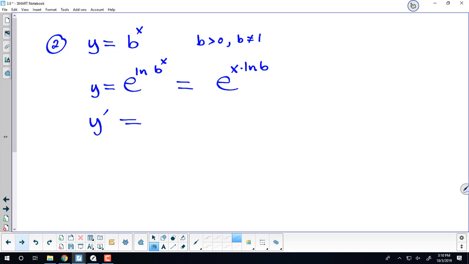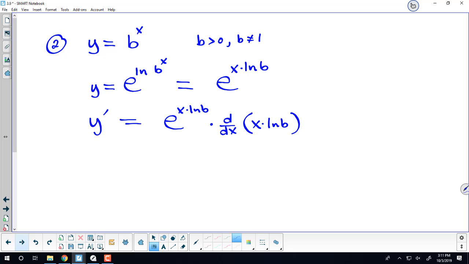So the derivative of e to that power is e to that power times the derivative of the power. So it's the derivative of x times ln b.